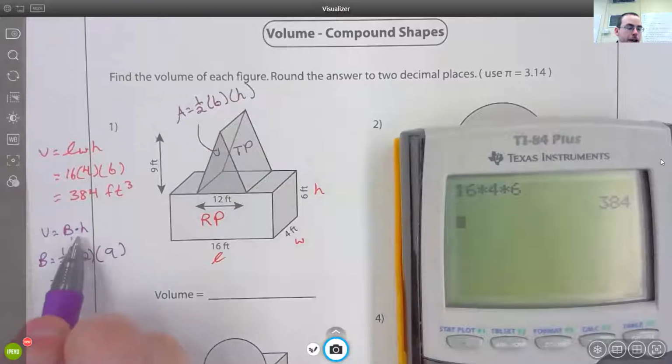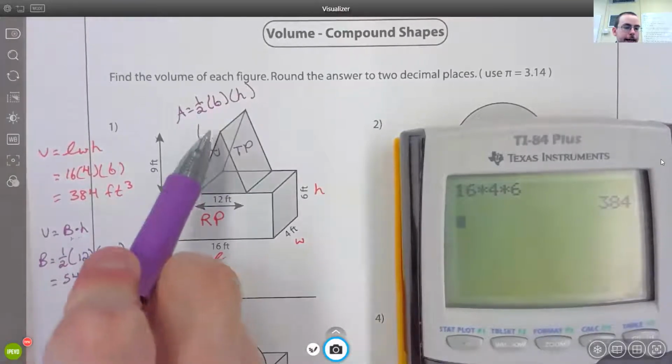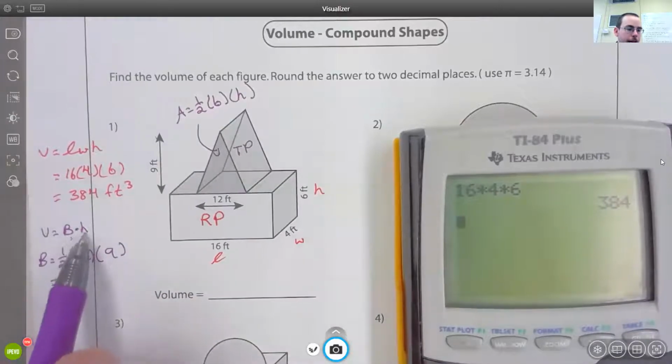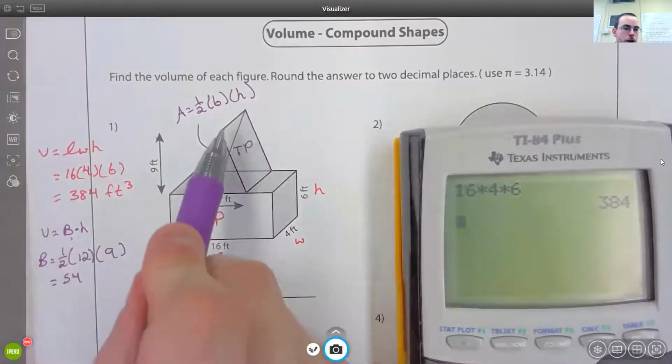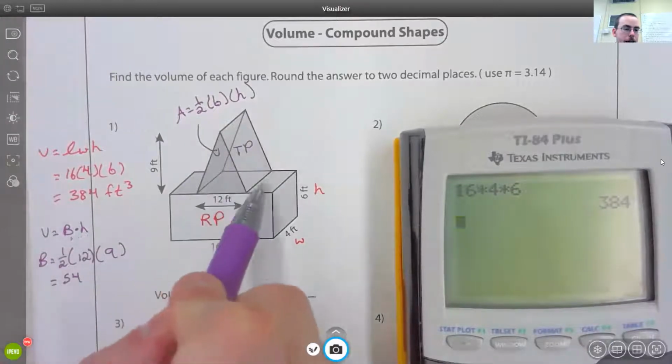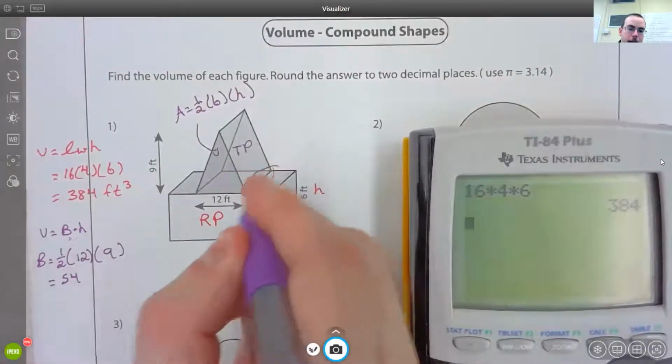Now we need H. It's important to note that H is not the same thing as the height of the triangle. This H is the height of the triangular prism. If we set this on its base, this side would be the one standing up.